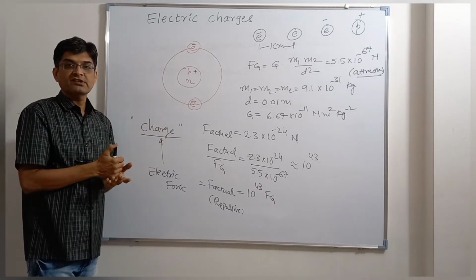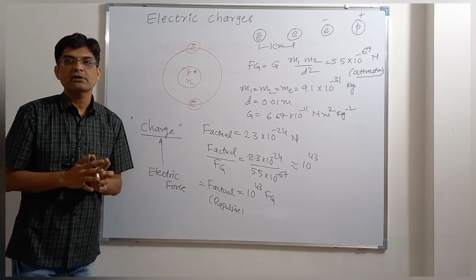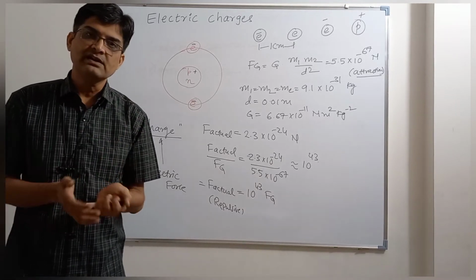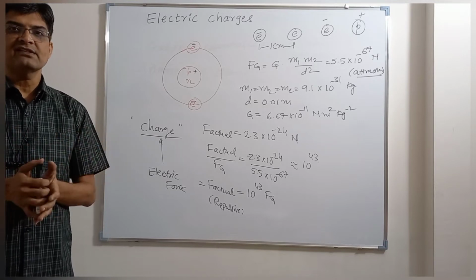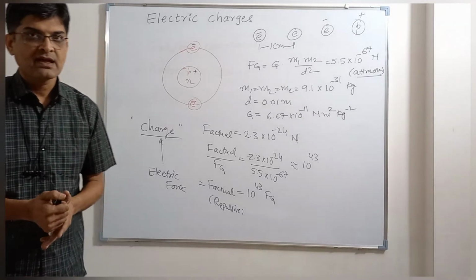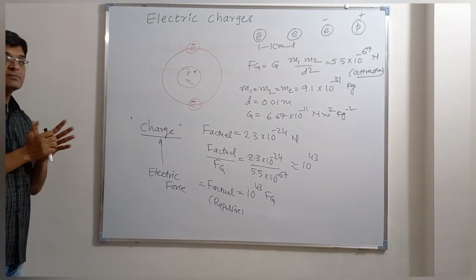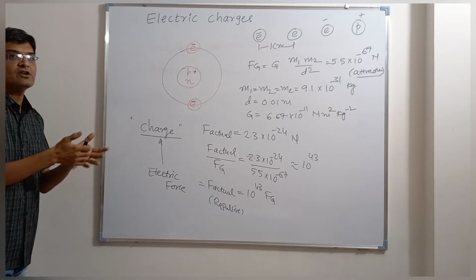Normally this strong force is not exerted, because the number of protons and electrons are balanced in atoms, and that's why we have a balanced structure. No external force, no strong force is exerted. But there are certain processes through which we can have charging of a body.